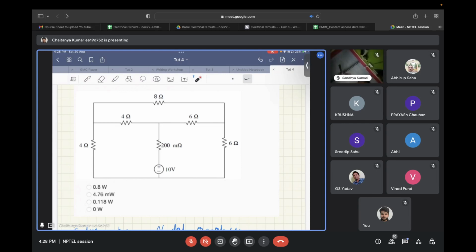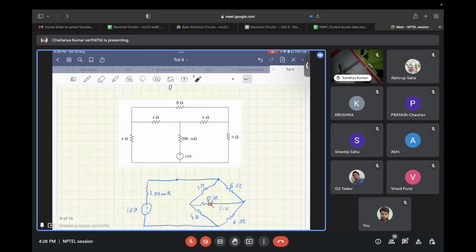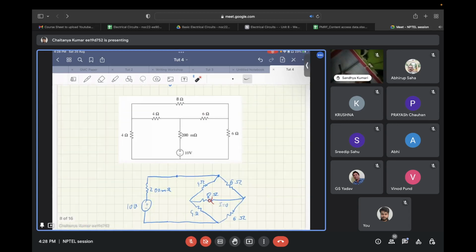Okay, if you see this branch, we have a node over here and one node over here. If you try to redraw the circuit, you can redraw it in the following way. This node over here can be redrawn as this thing, and this node over here can be redrawn at this point.